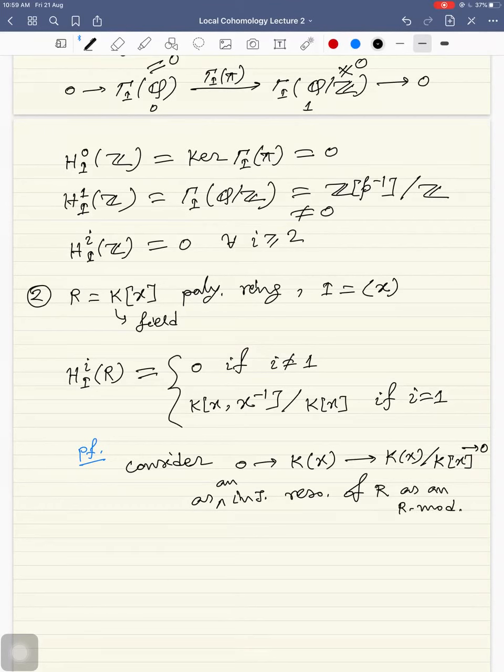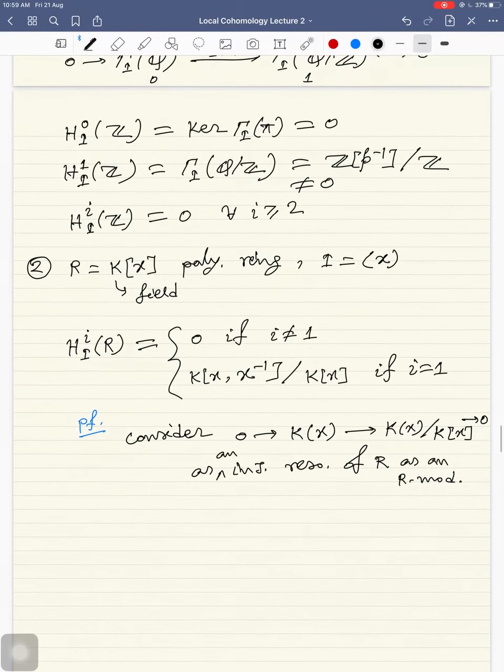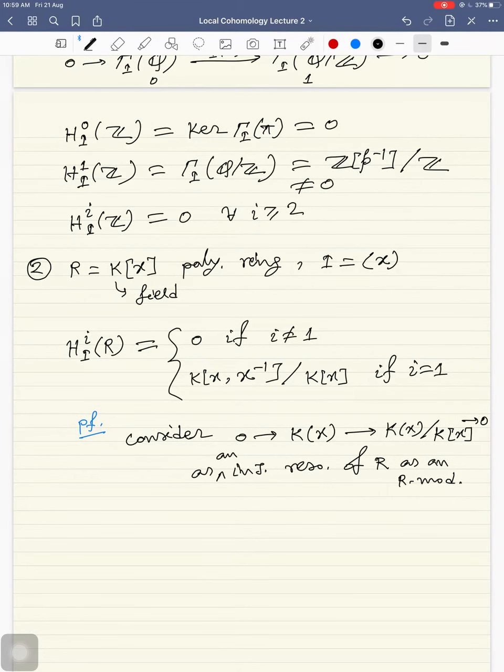So you consider this injective resolution and apply the I-torsion functor, then you can compute that cohomology from here.